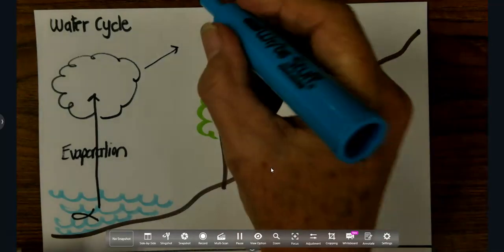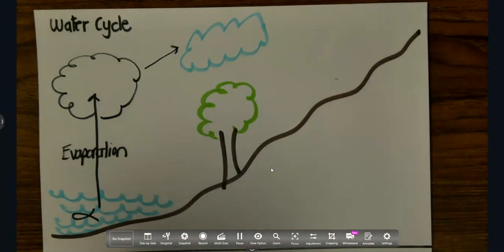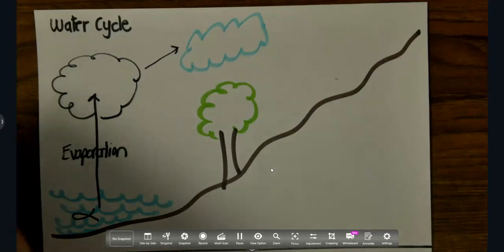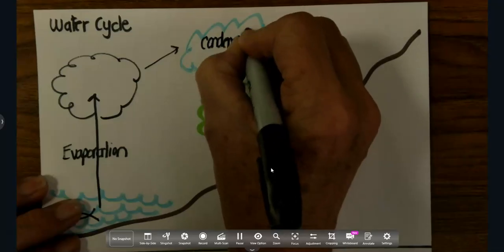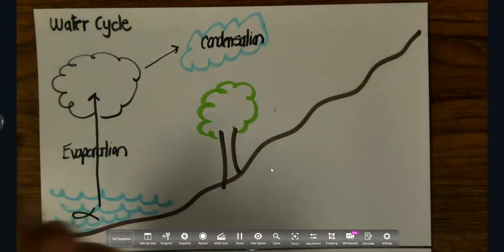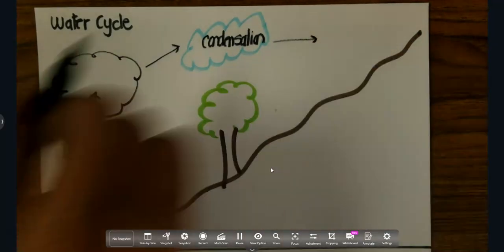We get condensation, since it's still a cloud. We get condensation, so evaporation to condensation because it cools down. As it cools down, then what happens?